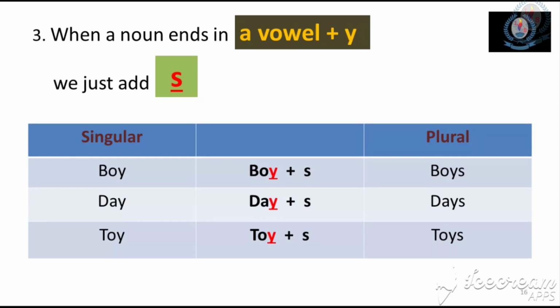Singular side, boy. Boy plus s, boys. Day plus s, days. Toy plus s, toys. We add s for these words because before the letter y there are vowel letters, as you can see.